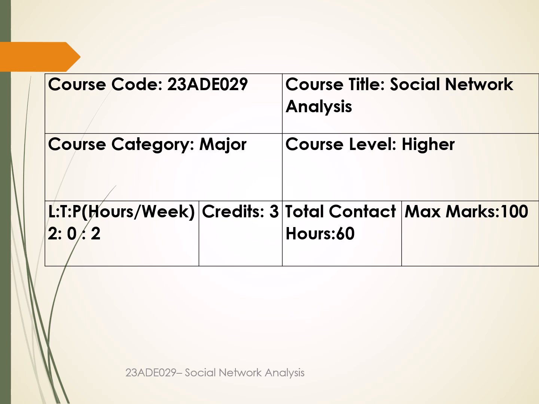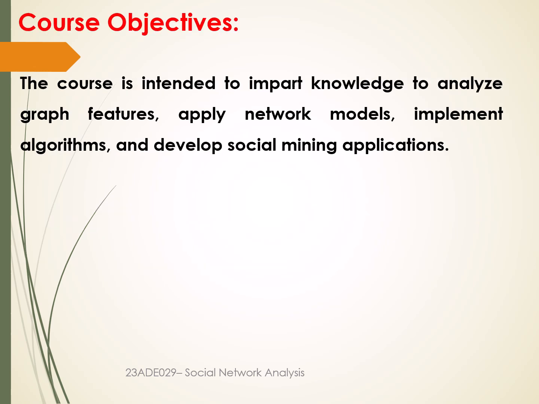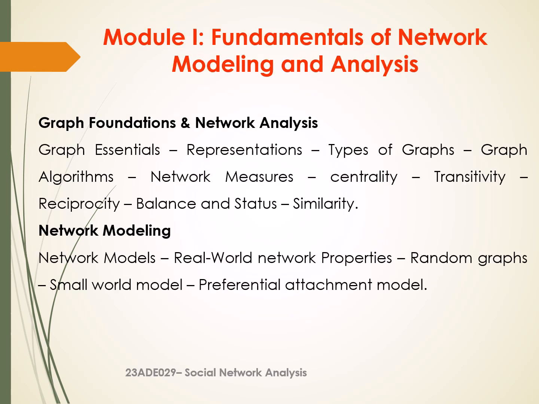This course is designed to help you understand how networks are formed, how they grow, how information spreads through them, and how we can extract useful knowledge from them. The course objective is to impart knowledge to analyze graph features, apply graph network models, implement algorithms, and develop social mining applications.